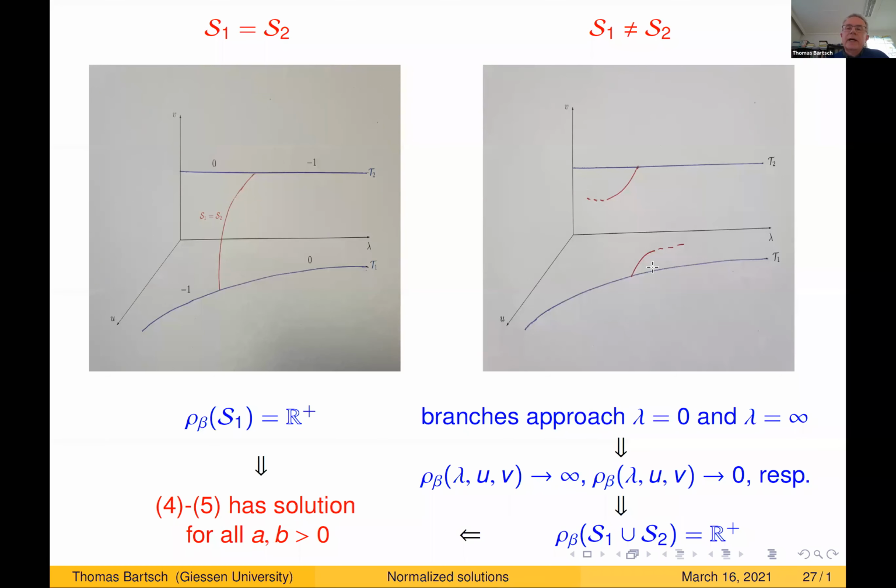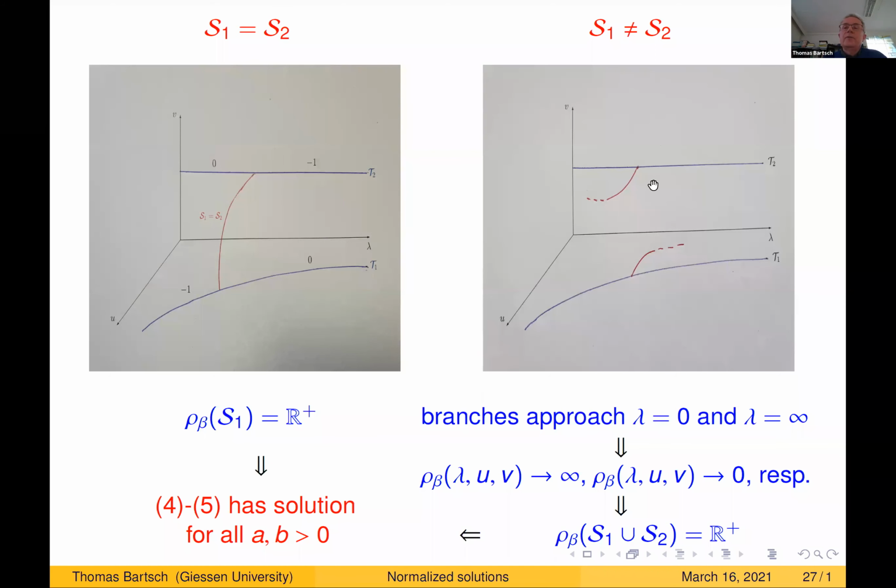So for the branch to be unbounded, lambda has to converge towards 0 or towards infinity. And then one can again make an analysis of the L2 norms, and one observes again that rho sub beta is onto. And you again have a solution for all values of a, b. This is the case when you have bifurcation from both branches.